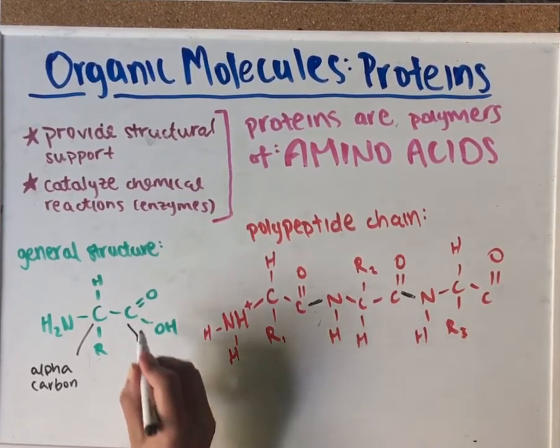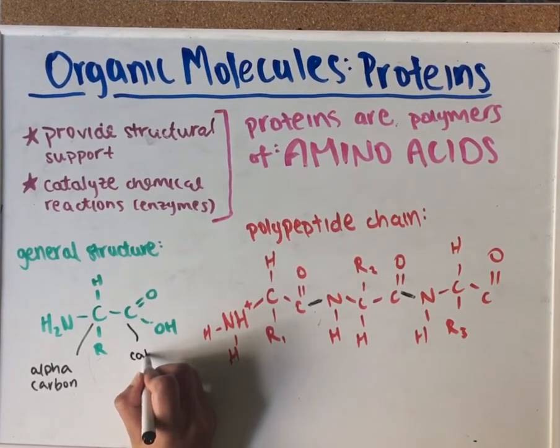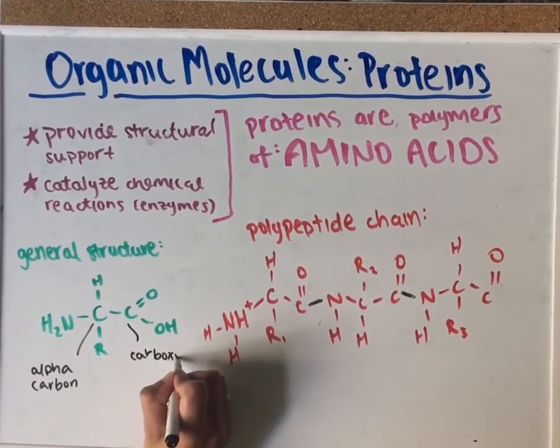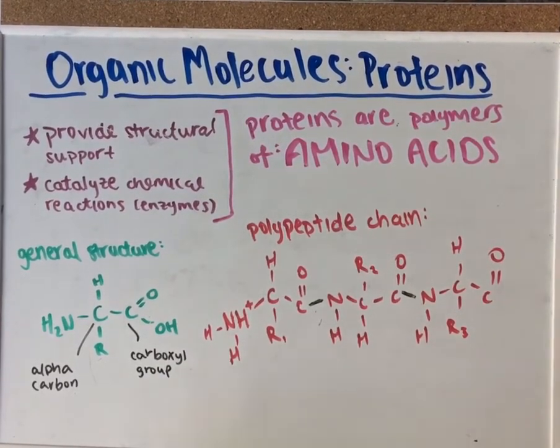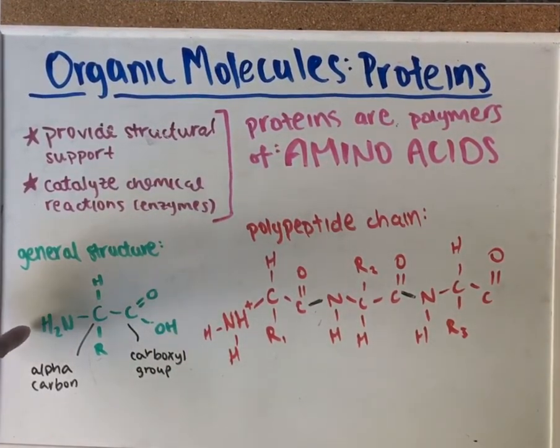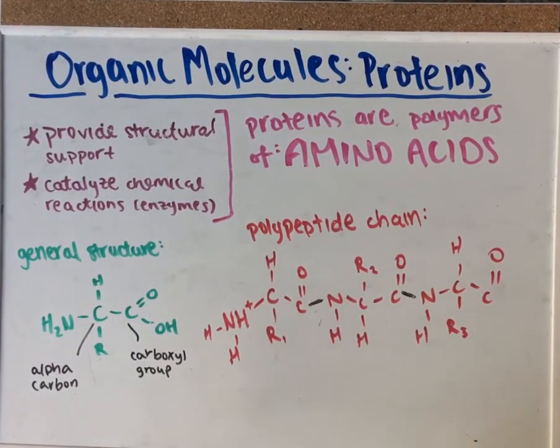So first we have this group, it's a functional group, specifically the carboxyl group. And it's bonded right here to the NH2, which is also a functional group. This one is called an amino group.